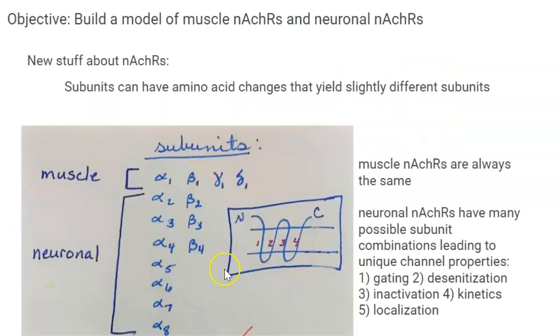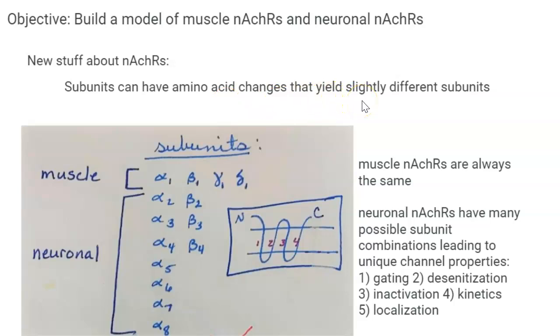So what we said before is that, oh look, it has this transmembrane configuration. You need 5 of these individual subunits in order to make a channel. But now let's add some complexity. One of the things is that different subunits for any given receptor can have small amino acid changes that are going to lead to slightly different subunits.